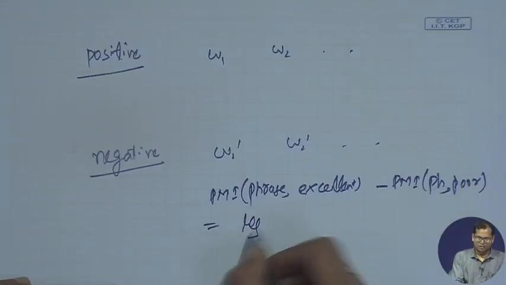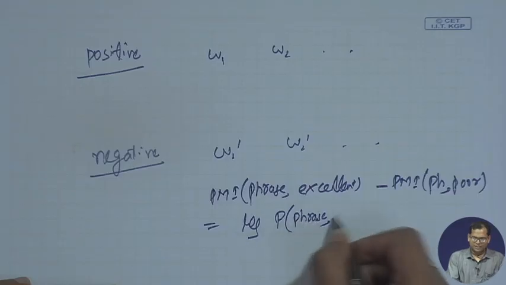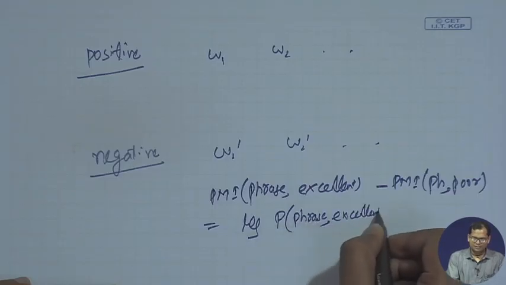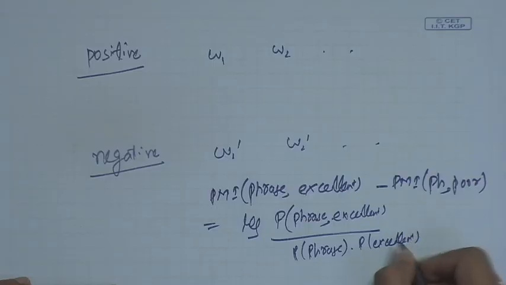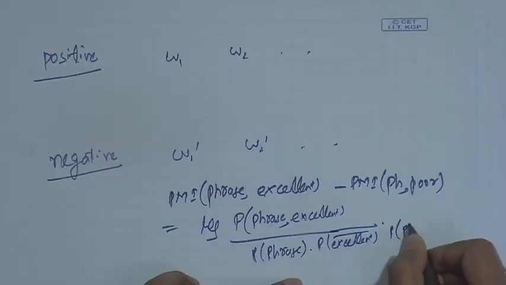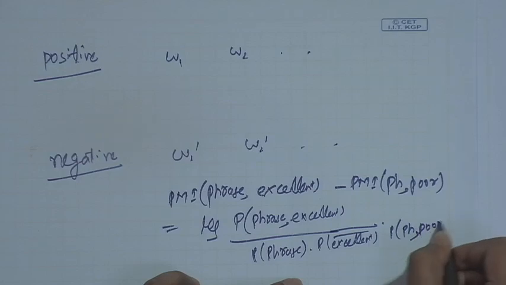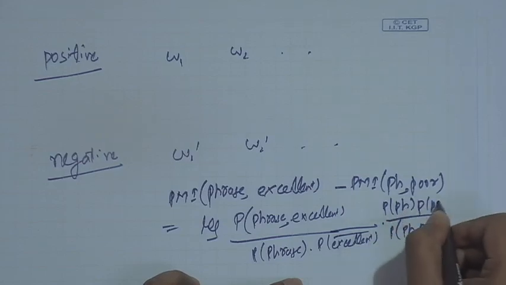It is equal to log of probability(phrase, excellent) divided by probability(phrase) times probability(excellent). It's minus, so the log will become, you are reversing it, so it will become probability(phrase, poor) divided by probability(phrase) times probability(poor).